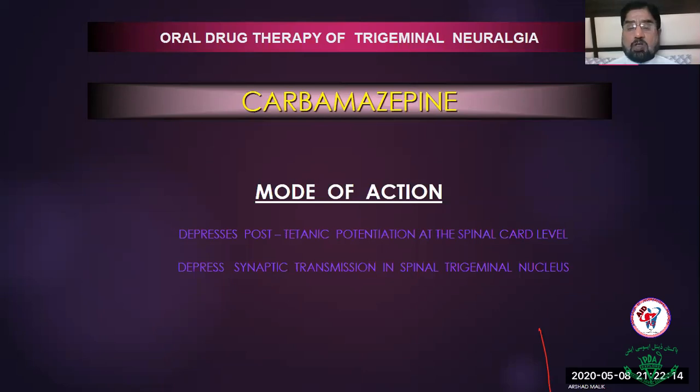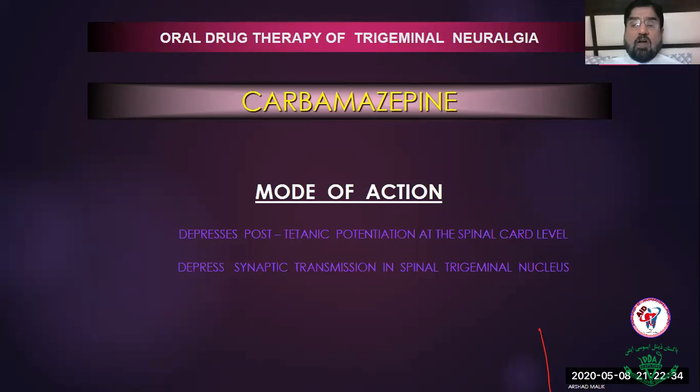It depresses the synaptic transmission to the spinal trigeminal nucleus. From here, you block in the initial stages the low threshold fibers, and it is used to block the low threshold fibers in many initial stages.